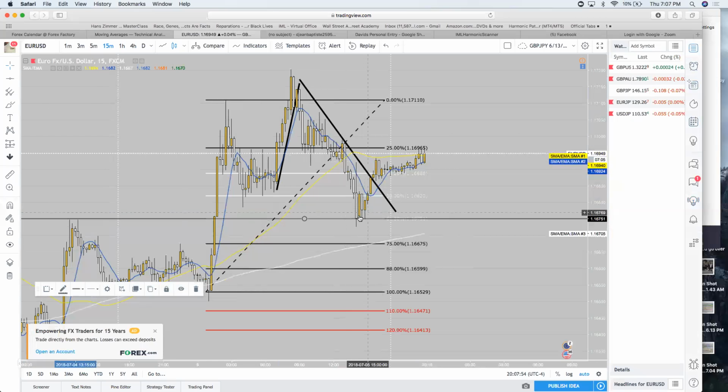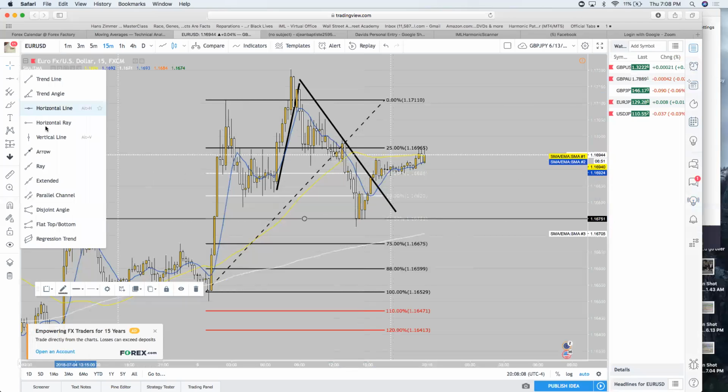I realized that it became my new profound support. So this would have been a perfect opportunity to go in for the buy because we're in a new zone. So horizontal lines are perfect to draw out your support and your resistance. Your vertical line, I don't pretty much use it. I don't really have a reason to use it.